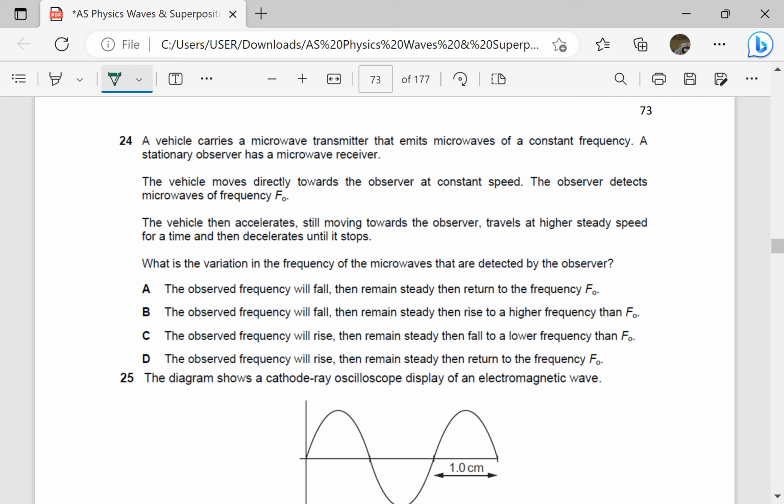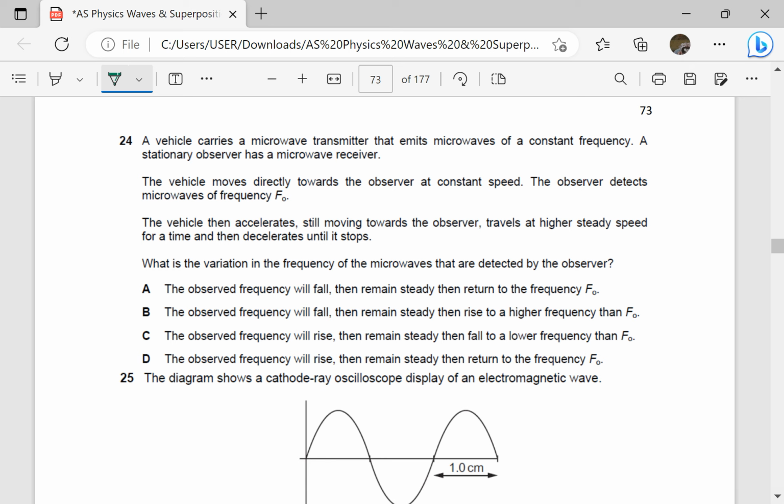A vehicle carries a microwave transmitter that transmits microwaves of a constant frequency. A stationary observer has a microwave receiver. The vehicle moves directly towards the observer at a constant speed. The observer detects microwaves of frequency f0. The vehicle then accelerates, still moving towards the observer.